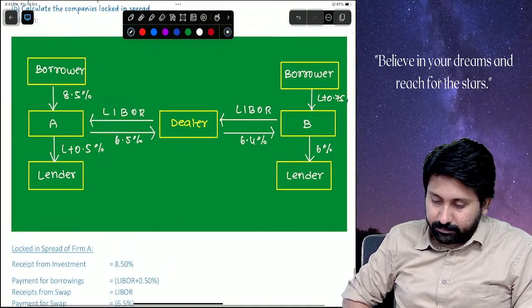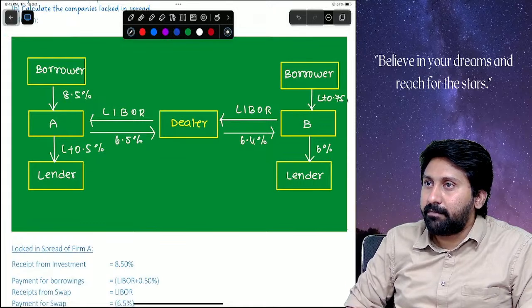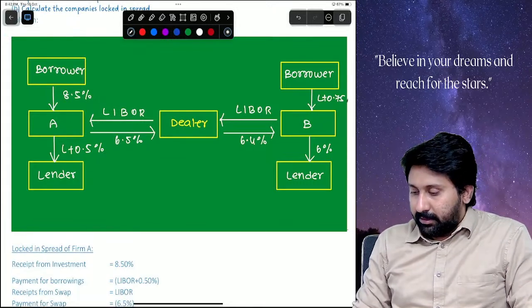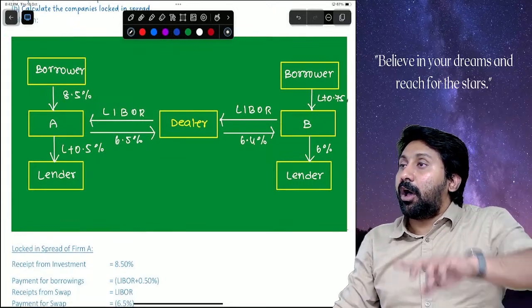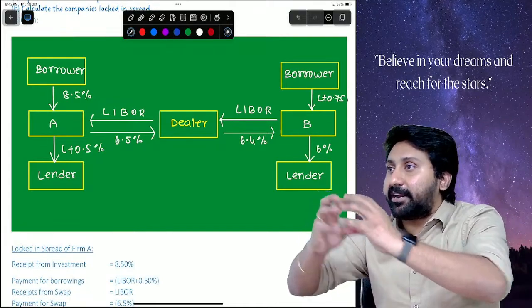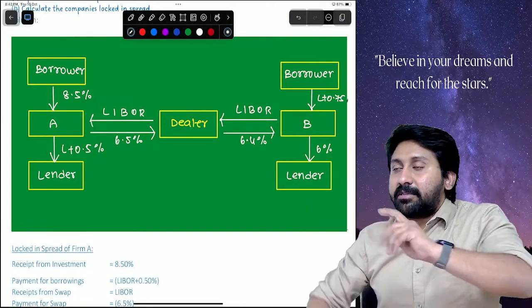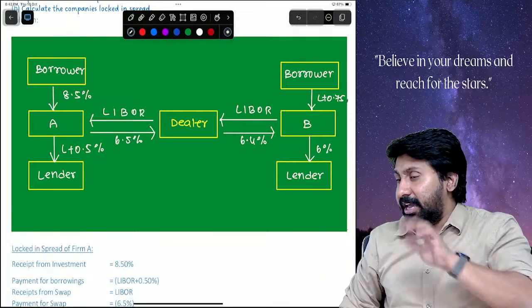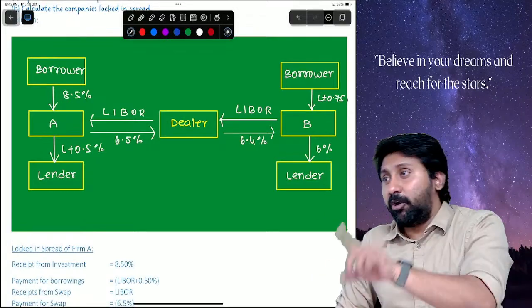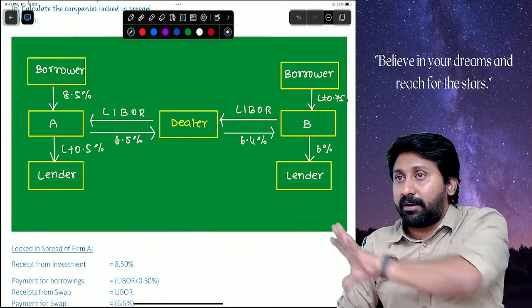Sir, previously, in all the questions we have done, we got one fixed rate. Here we have fixed and floating in the overall, from A's point of view.